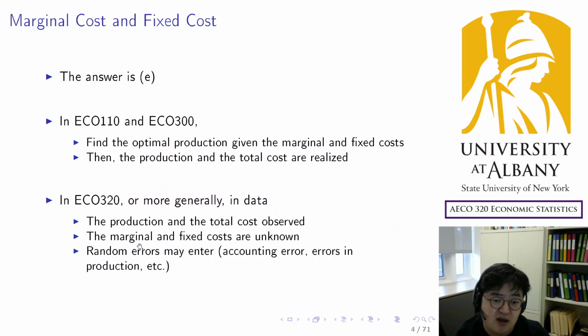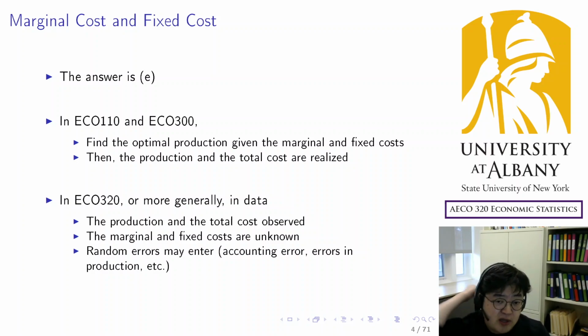That is the first thing, right? What you observe is the production, how much you produce, and how much it costs. Those are the only observed variables. By the way, the marginal cost and fixed cost are just imaginary parameters. We just assume that there exists such a thing, so you need to estimate them, right?